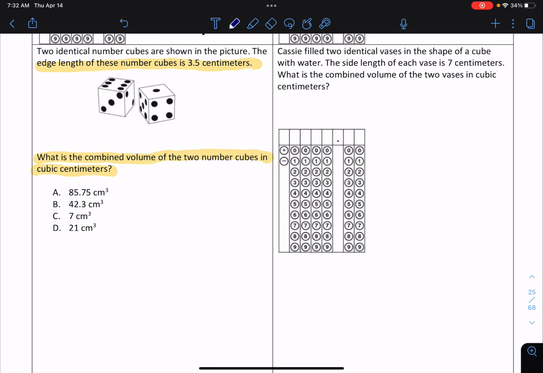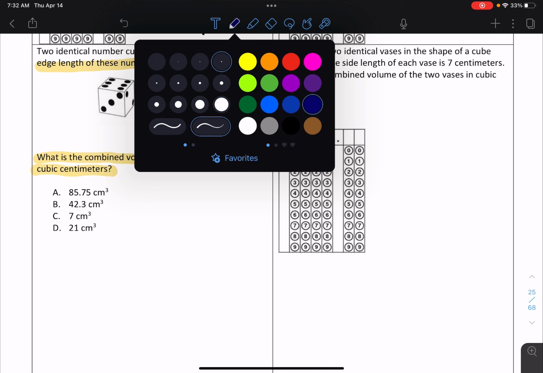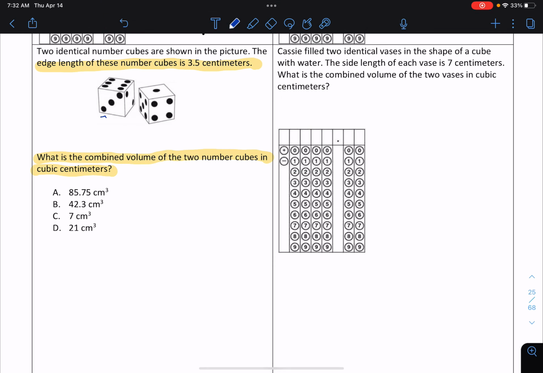So it tells me the edge measurement is 3.5. So let me do it a brighter color. So if this is 3.5 and this side is 3.5, how much is this side going to be? You said 3.5. That is correct.